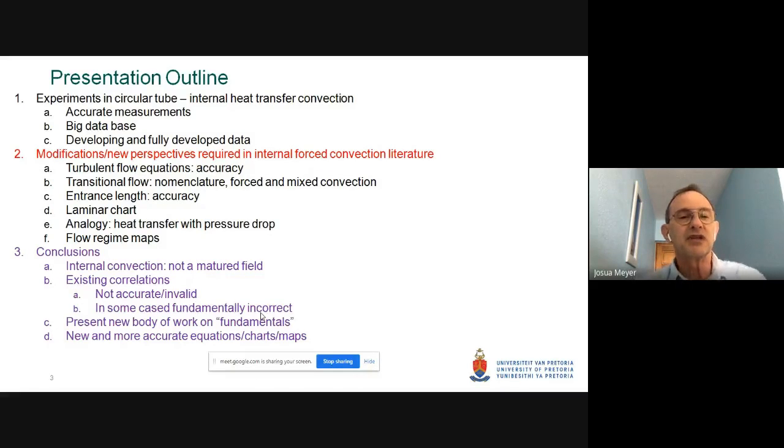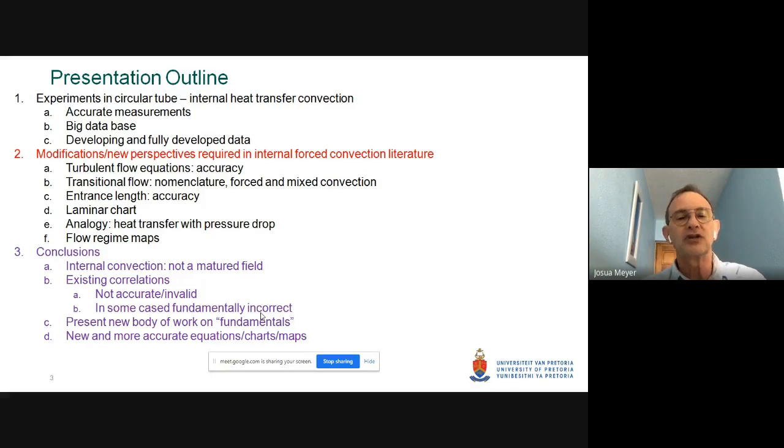So my presentation outline today will be in three parts. The first part, I'm going to tell you a little bit more about our unique experimental setup, in which we did internal heat transfer convection experiments, which gave us very accurate measurements with a big database. Then I'm going to say something about modifications and perspectives required in internal forced convection literature.